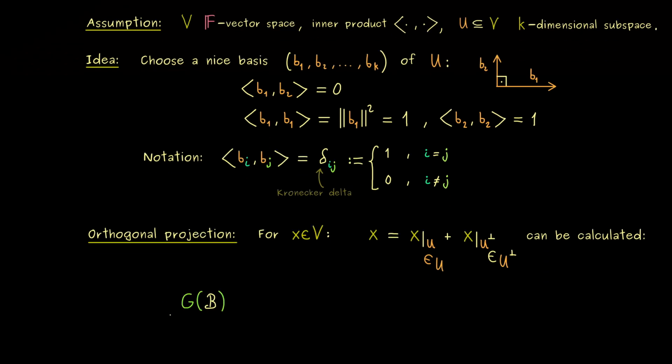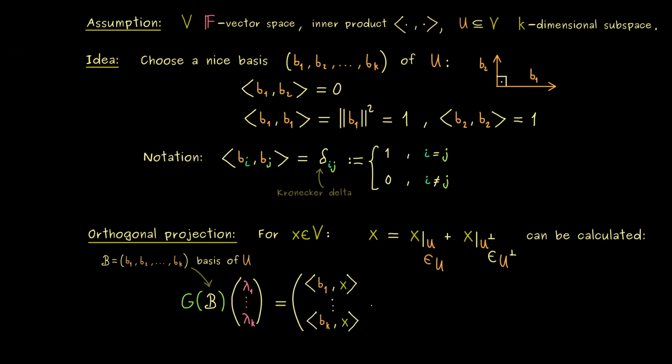And we've already seen it's nice to have such a decomposition, but it might be some work to calculate it. In fact, in order to calculate it, we need the so-called Gramian matrix. And we write G(B) because the Gramian matrix is always related to a chosen basis of U. So there you see, the choice of a basis comes into the calculation. Indeed, we also have it on the right hand side here because we calculate inner products with the basis elements and x.